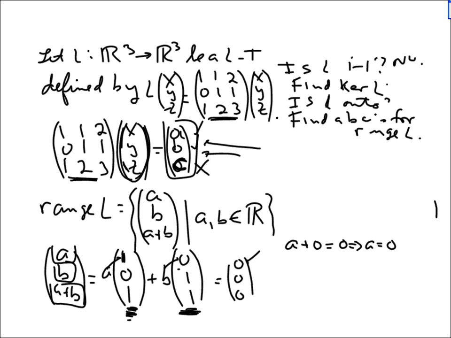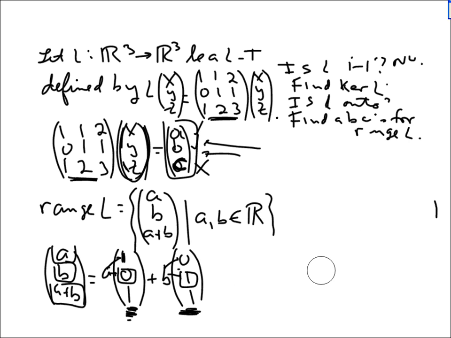That implies a must be 0. Now let's look at the second entry. Only one entry is non-zero. We have a times 0, which is 0, plus b times 1, which is b, and this is supposed to equal 0. So b is 0. They're linearly independent. You should do a quick check on that. Okay, so now I have the basis.